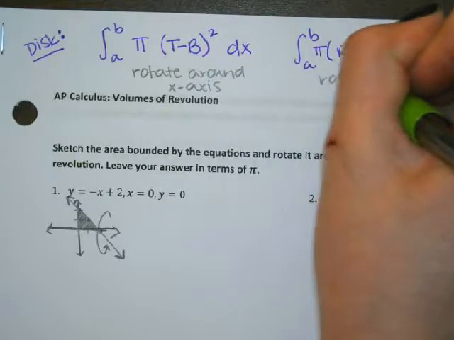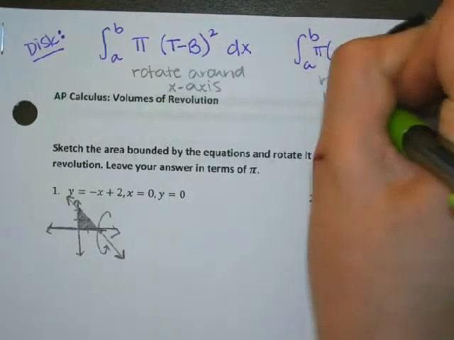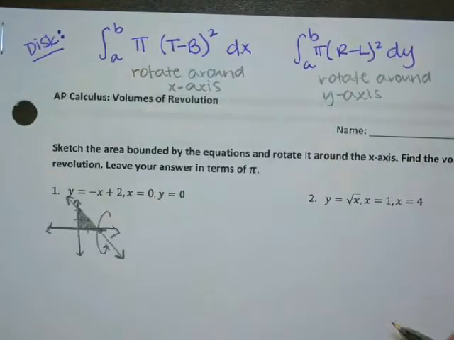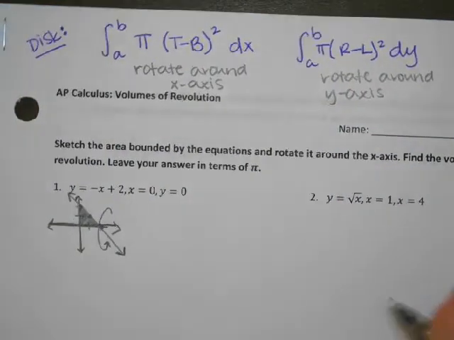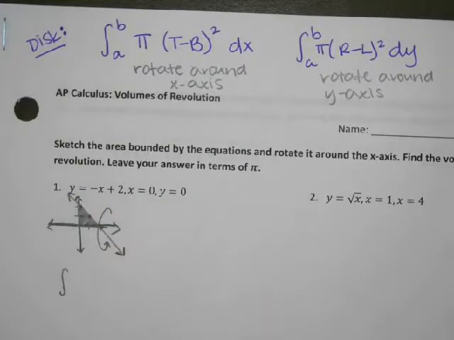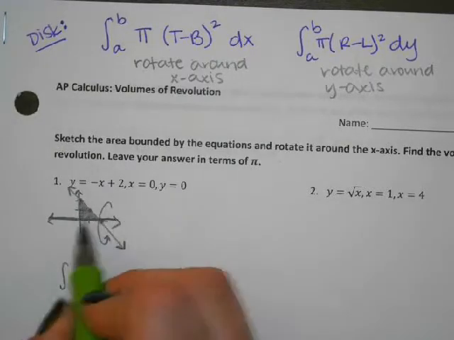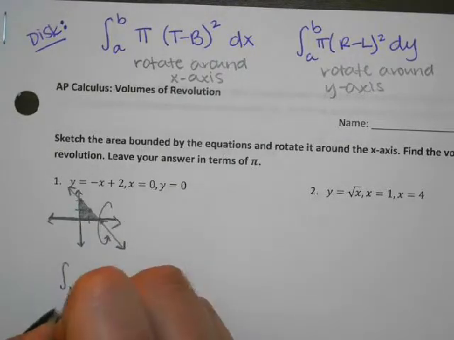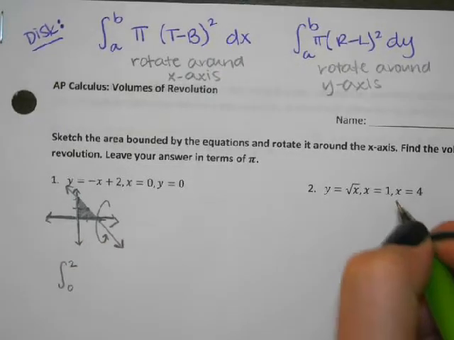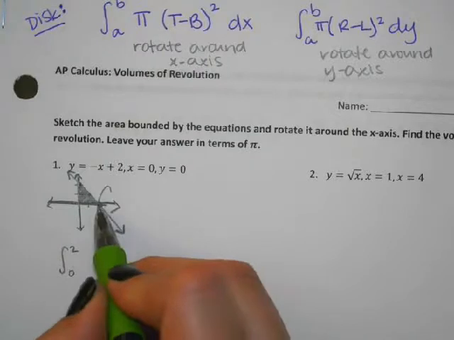Rotating around the y-axis makes it in terms of y. Okay. So what is my interval going to be? 0 to 2. That one I didn't even need to think about too much. So 0 right here, 2 right there.